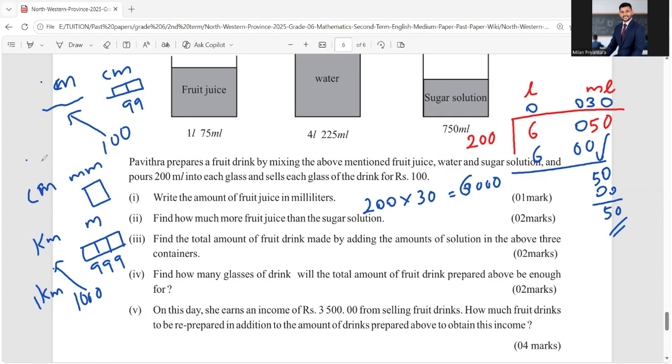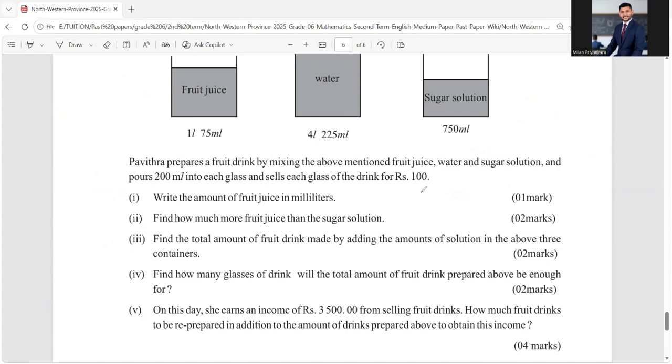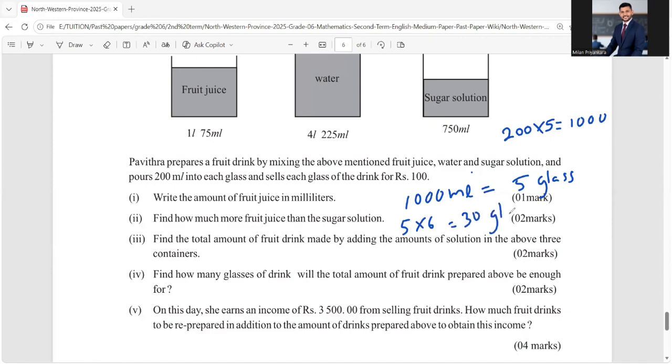Or otherwise, there is another way you can think. Let's take 1,000 milliliters. It is equal to 1 liter. 1,000 milliliters equals 5 glasses. Because 200 into 5 is 1,000. 5 glasses, right? But you have 6 liters. Then 5 times 6. That means 30 glasses.